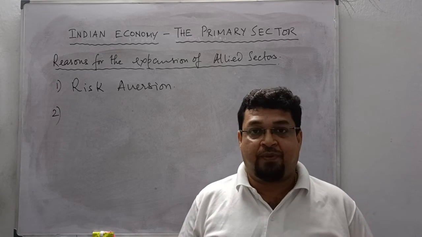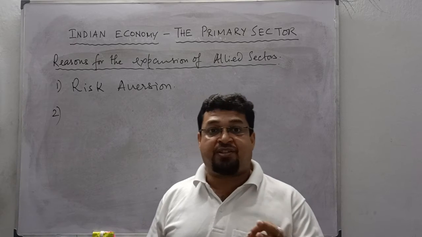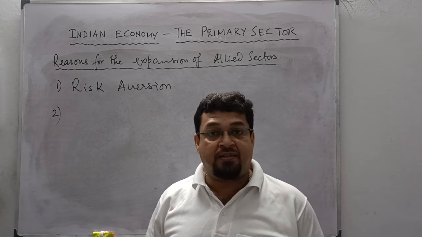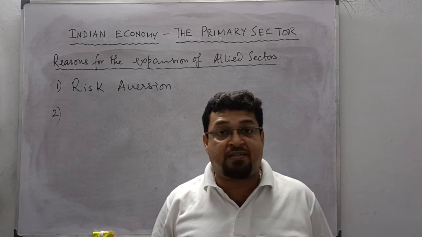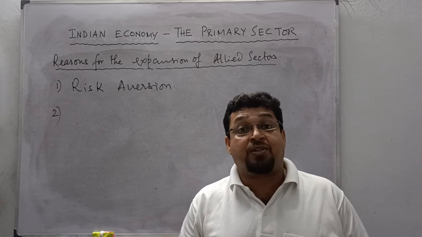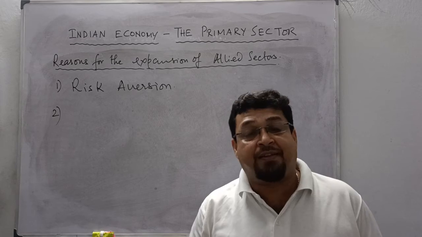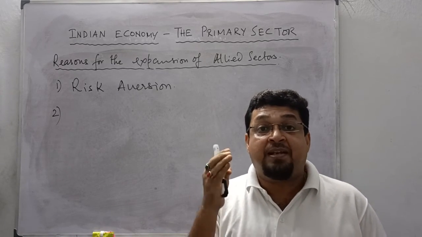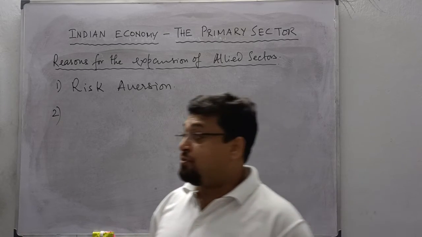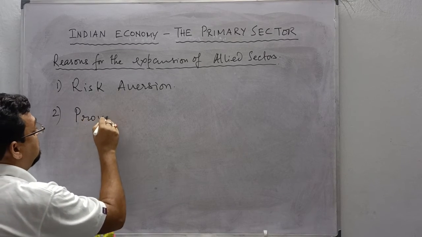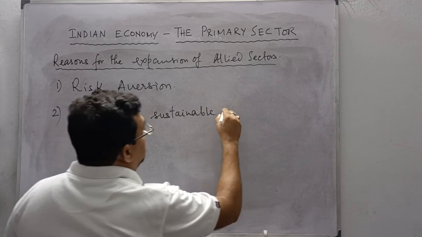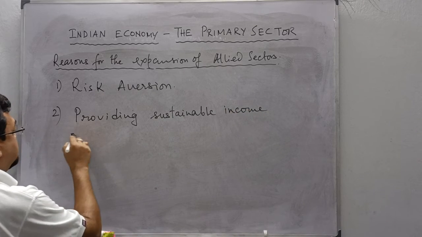At that point, allied activities like dairy farming, poultry farming, fisheries, mining and quarrying, and all the other allied activities can provide a scope for better employment, bringing them greater and sustainable income opportunities.